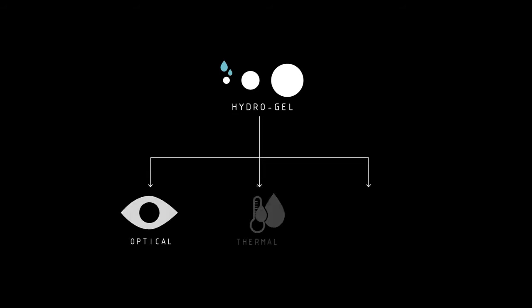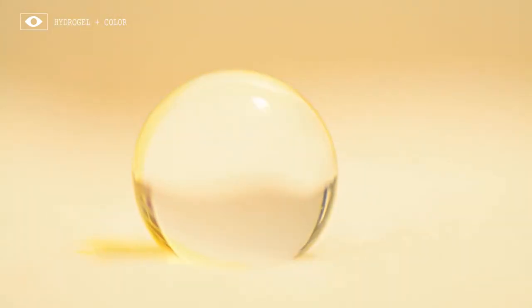This project looks at three distinct properties of hydrogel, namely optical, thermal, and mechanical. Water-based color pigments dissipate in hydrogels like ink dissipates in water.